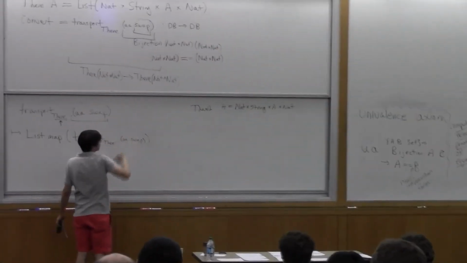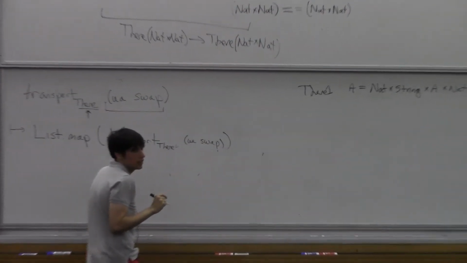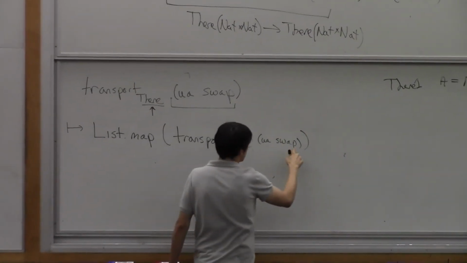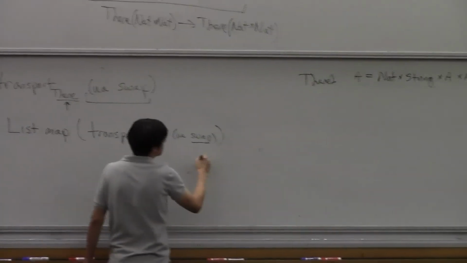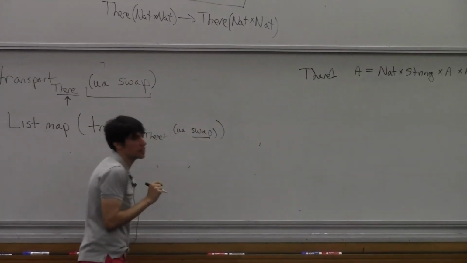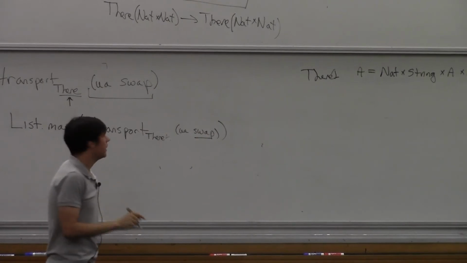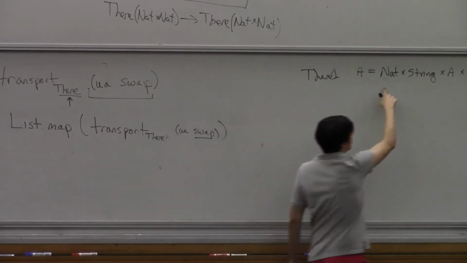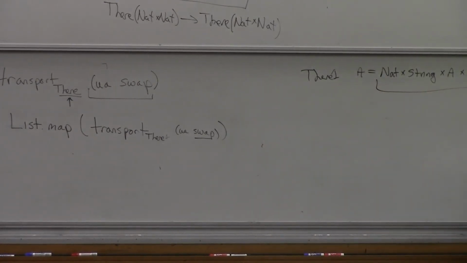Nope, UA is still concluding that nat cross nat equals nat cross nat. So swap is still a bijection between nat cross nat and nat cross nat, and this is still a proof that nat cross nat equals nat cross nat. And if I take nat cross nat and plug it into there one, I get the tuple sitting inside the database. Good? OK, so what do we do next?